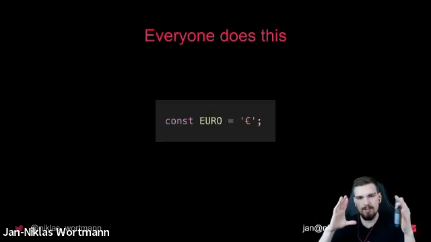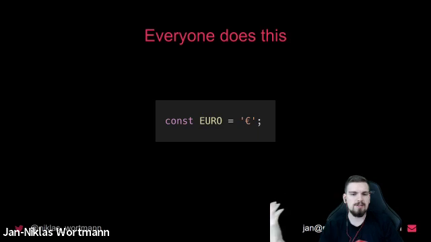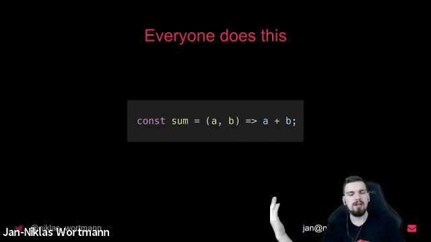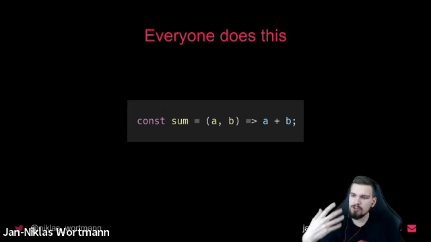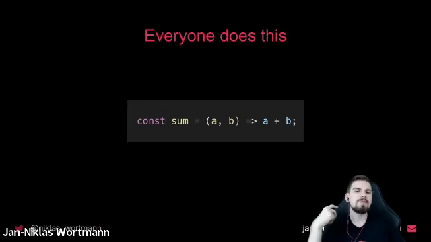So we're pretty much used to doing stuff like that, right? For constant values, we're creating constants. We're also doing stuff like that where we have some complicated logic, and therefore we wrap it in a function to make it more accessible, to give all of that a name.